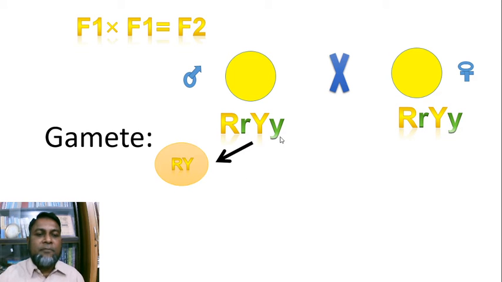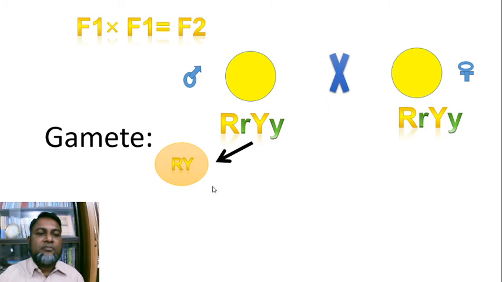From this genotype, four kinds of gametes are formed. Either capital R or small r comes to the gamete, and from capital Y and small y, either Y or y comes. So we get four types of male gametes and four types of female gametes.